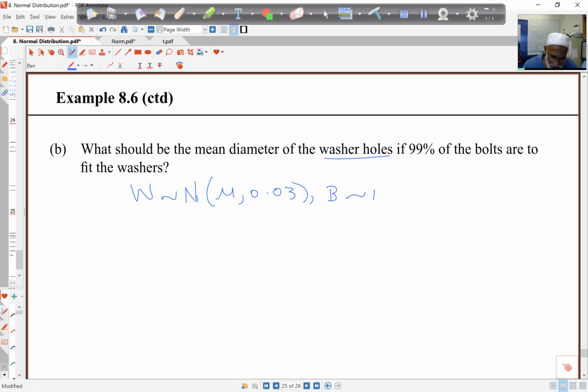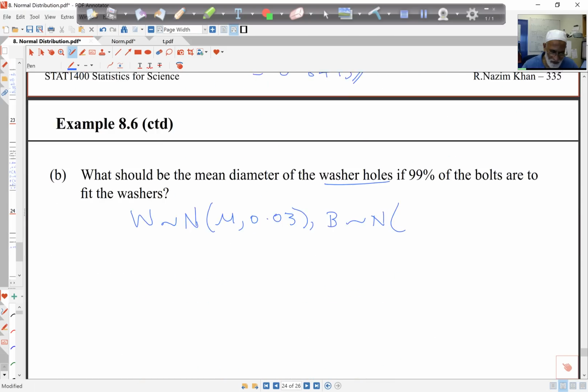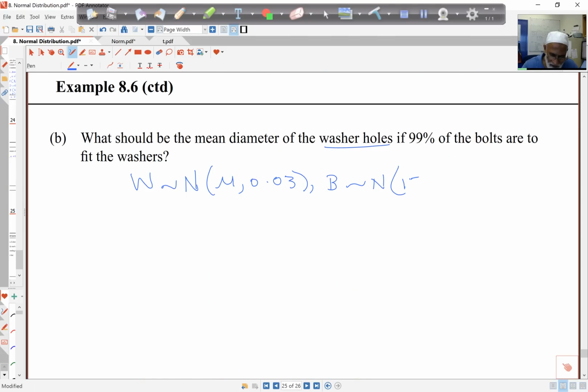And the bolts haven't changed, they're still normal. The mean of the bolts was 15 and the variance 0.01.